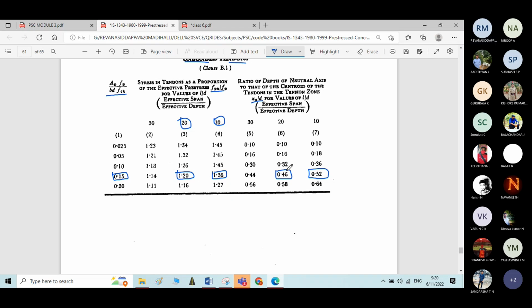Same thing: for L by D equal to 10, the value is 0.52, and for L by D equal to 20, XU by D is equal to 0.46. Do the interpolation and get the value for 15.